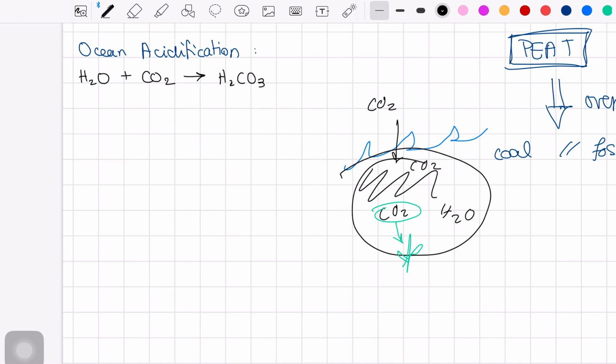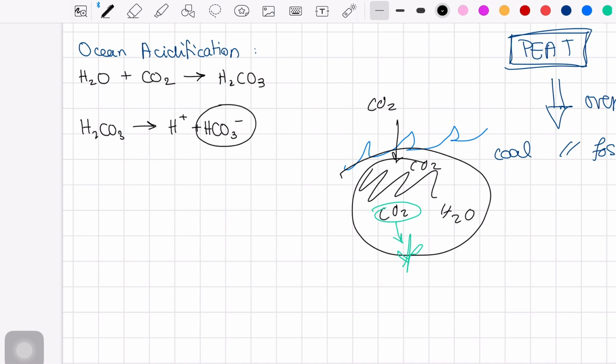So hydrogen carbonate, let me just make sure that it's actually called hydrogen carbonate. Anyways, so this compound is able to kind of separate, and it will eventually turn into H2CO3, can turn into H plus ions plus hydrogen carbonate.